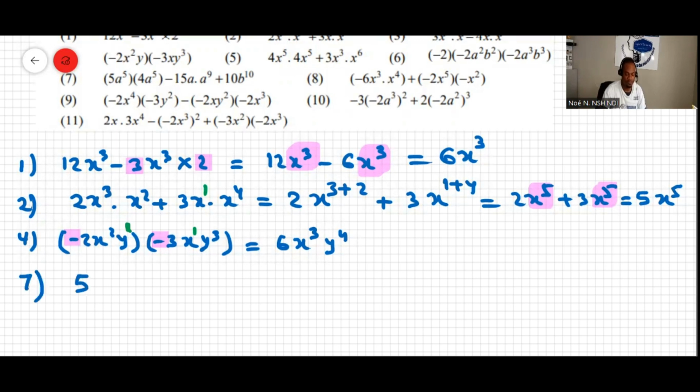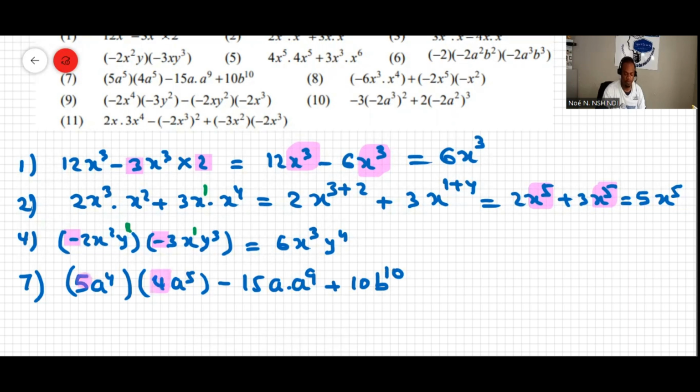We have like 5 a to the 4 times 4 a to the 5 minus 15a times a to the 9 plus 10 b to the 10. Okay. So in this case, when we times 5 by 4, we got 20.